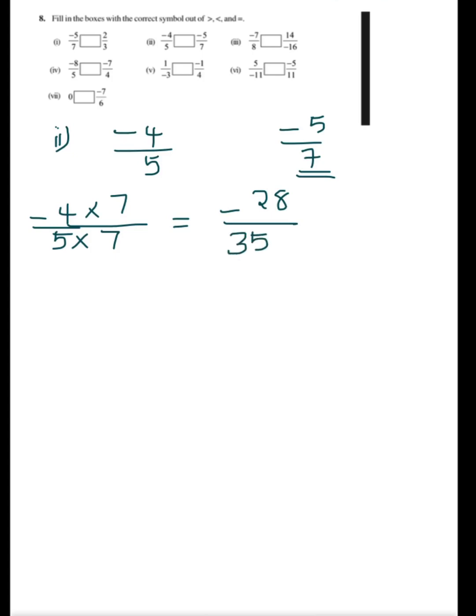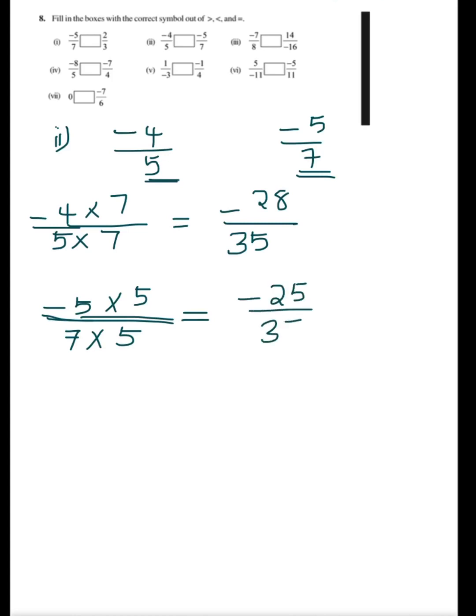Now you have to take the second number, which is minus 5 by 7, and multiply both numerator and denominator with the denominator of the first, which is 5. Then what will you get? You will get the answer as minus 25 by 35. Okay. So now you can see one is minus 28 and another one is minus 25.